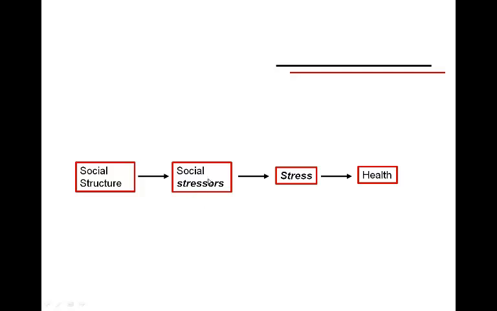And then the social stressors are things that generate or don't a level of stress experienced by the individual psychologically and physiologically, which then go on to impact health. So we need to make this distinction between social stressors, things that are typically outside of the body, and the experience of stress, something that's typically happening within the body.